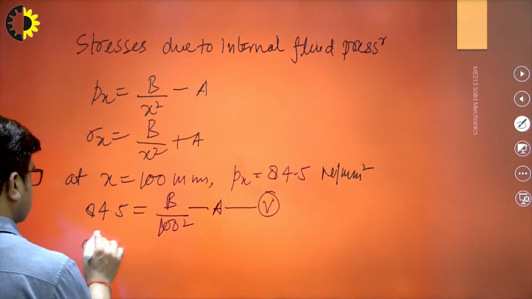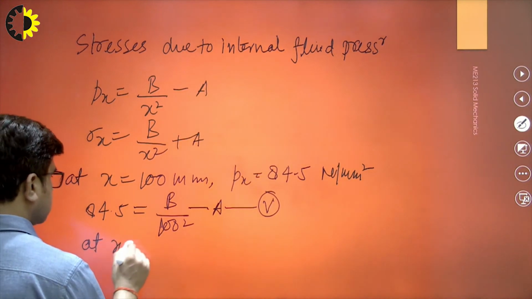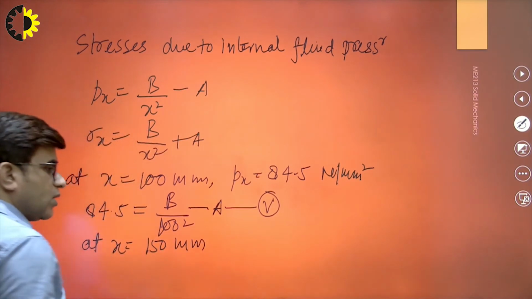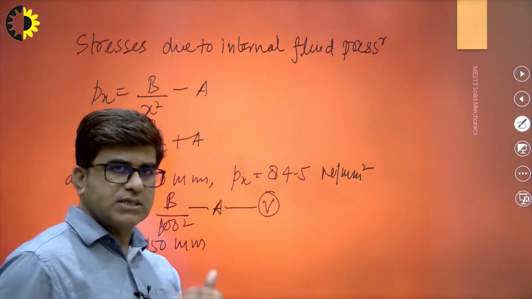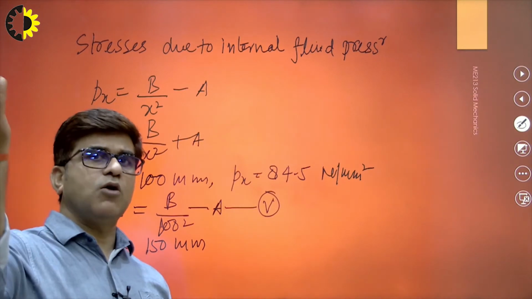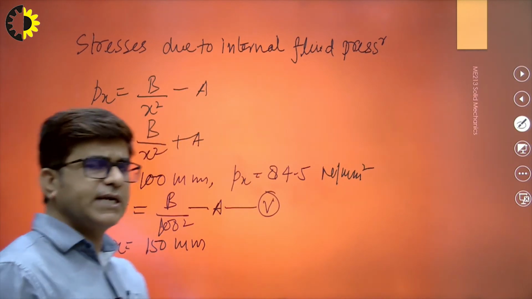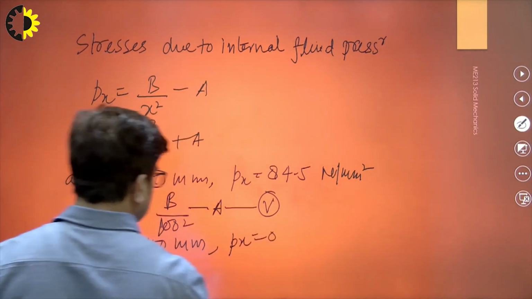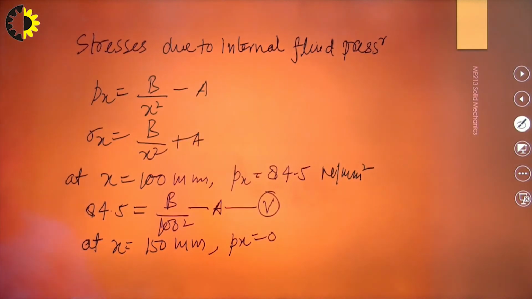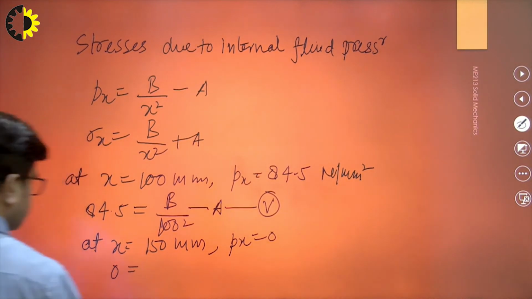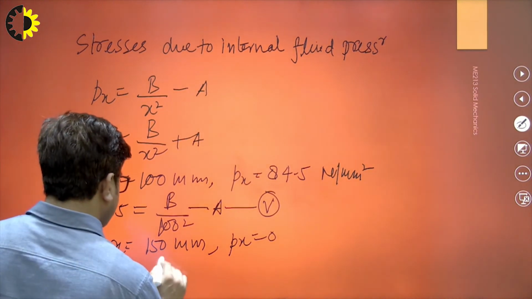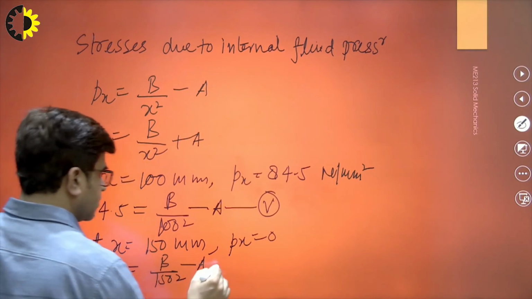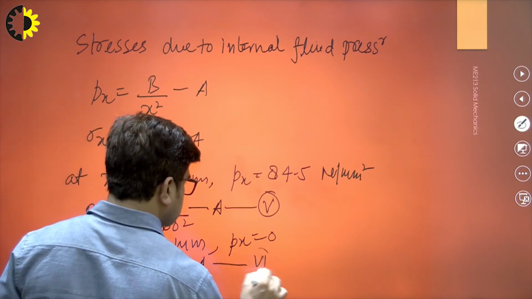Now at x equal to 150 mm, because we are considering a single cylinder, so I will consider internal radius and outermost radius, and at outermost radius pressure is 0. This Px is going to be 0. If this Px is 0, then 0 equal to B by 150 square minus A, and that is equation 6th.